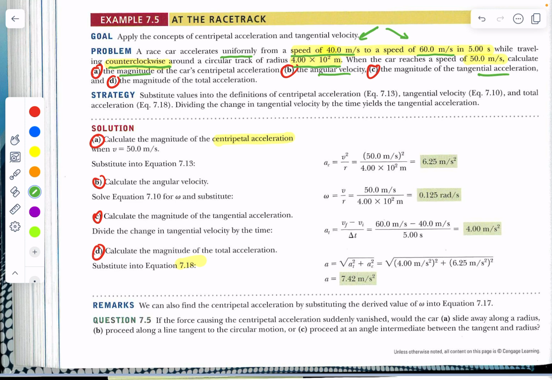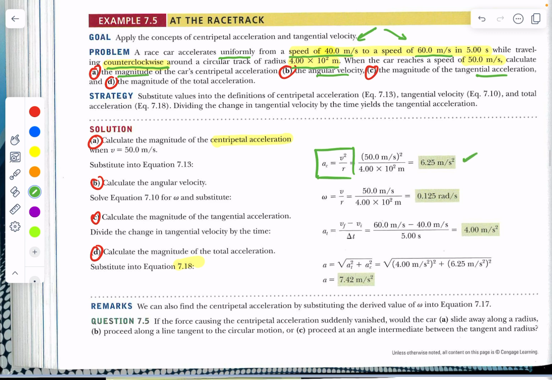And so when we go to solve this, let's look at part A, calculate the magnitude of the centripetal acceleration. All we have to do is take out our equation for centripetal acceleration, which is our average velocity squared divided by the radius. That's pretty straightforward, no problem.